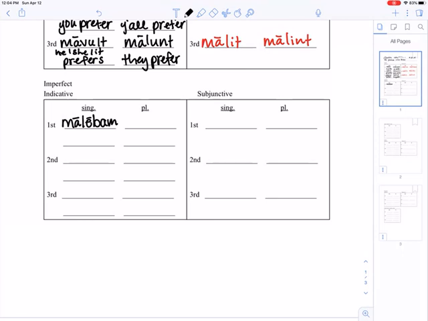We can say was or were preferring. We can say used to prefer. Or we can say kept preferring.